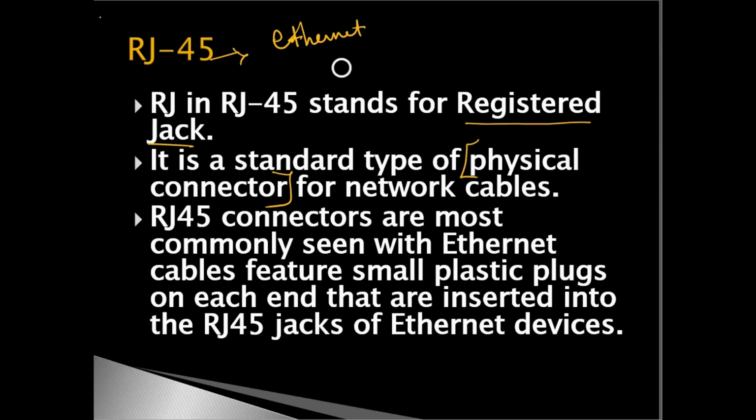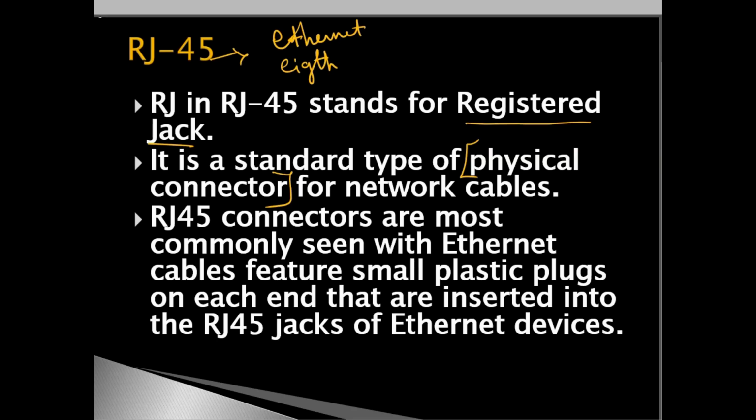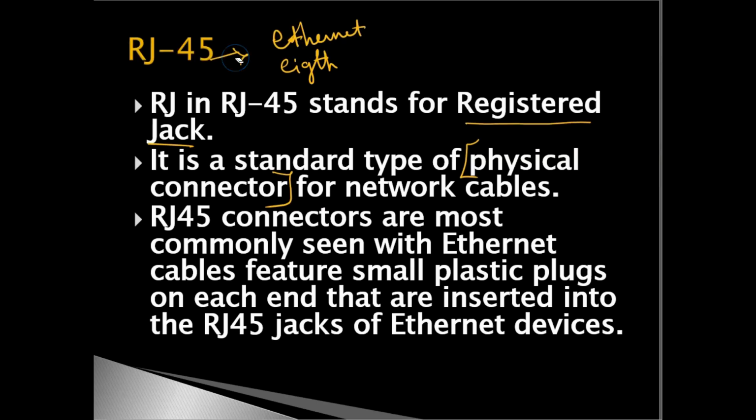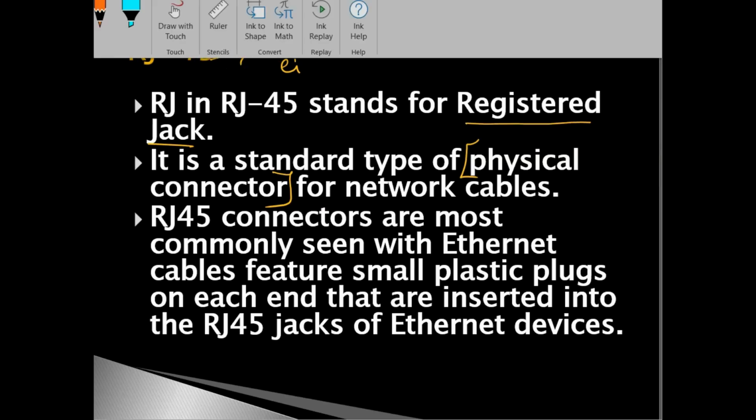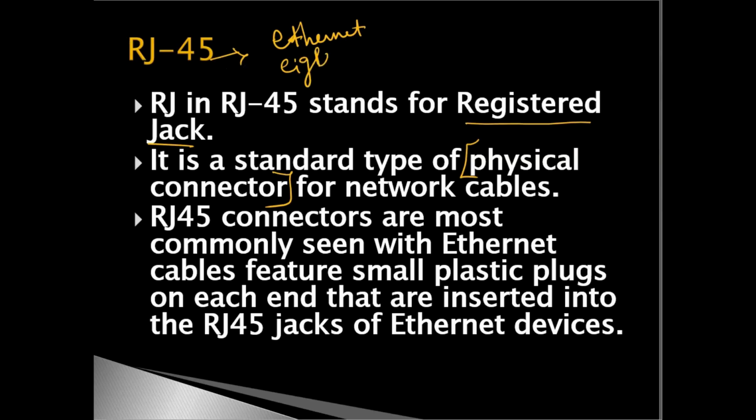Ethernet is nothing but the network cables which are used to connect the networks. It has an 8-pin connector, and this 8-pin connector is used exclusively with Ethernet cables for making the connection with the network.